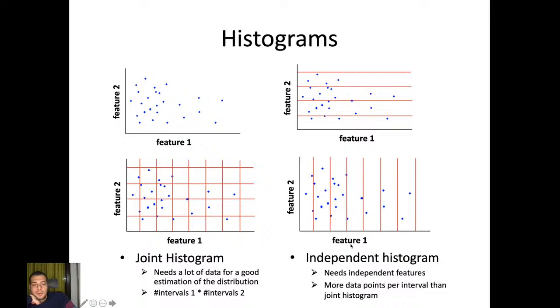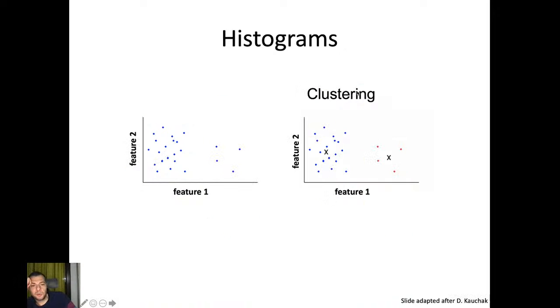So we have the histogram for feature 1 and the histogram for feature 2, and these independent histograms can be concatenated together. The joint approach is better if we have a more dense representation. If we have fewer data points, then independent histograms are probably more appropriate.